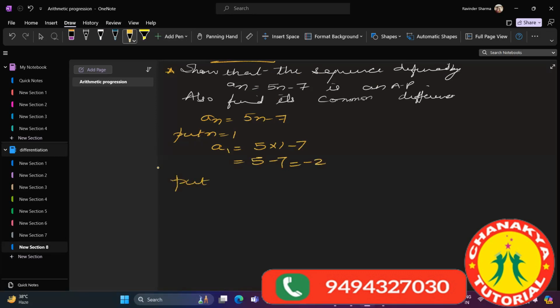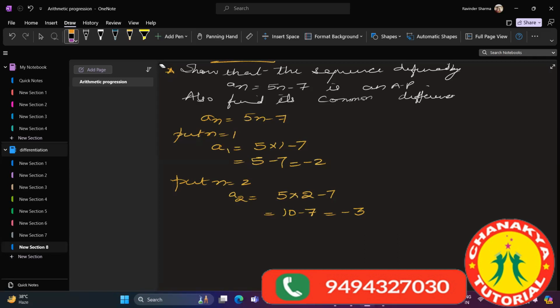Now put n equal to 2. Then second term will be 5 into 2 minus 7. So 10 minus 7, it will be 3.